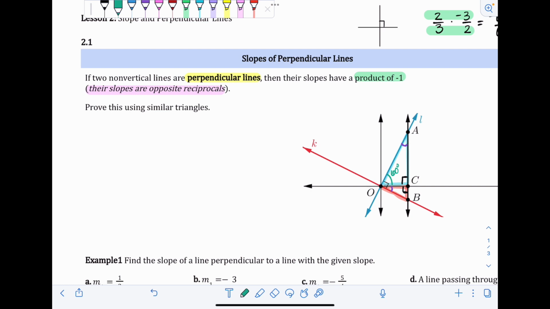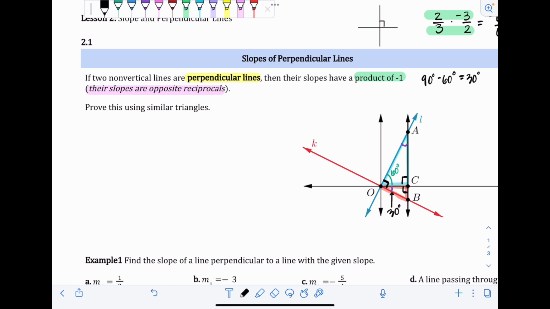And between these two angles, those together create a right angle, and right angles add up to 90 degrees. So if I wanted to figure out what this angle was, based on the first angle being 60, I could do 90 degrees minus 60 degrees, and that leftover angle must be 30 degrees, because 90 minus 60 is 30.